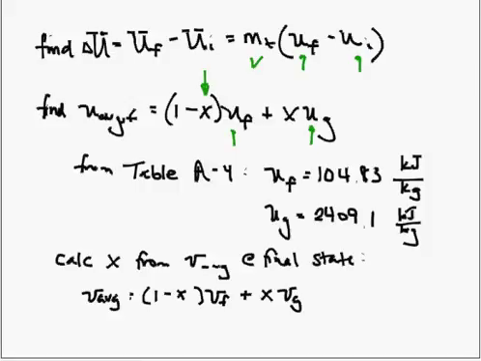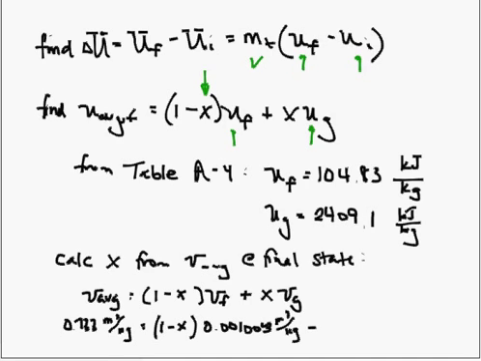I'm going to plug those values in: 0.733 cubic meters per kilogram equals, remember, X is what we don't know, so it's 1 minus X times the values that we found before from the table, 0.001003 cubic meters per kilogram plus X times 43.340. You can go back to the previous slide and you'll see those numbers.